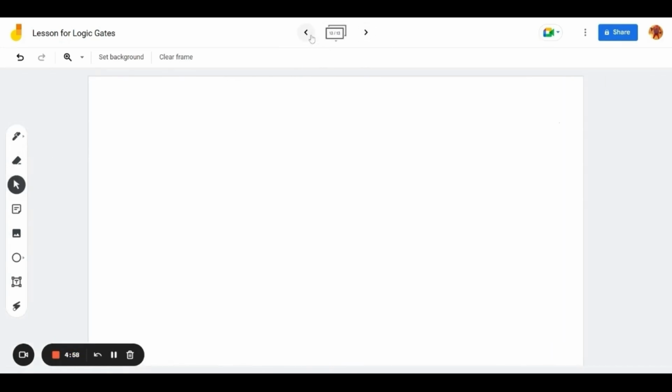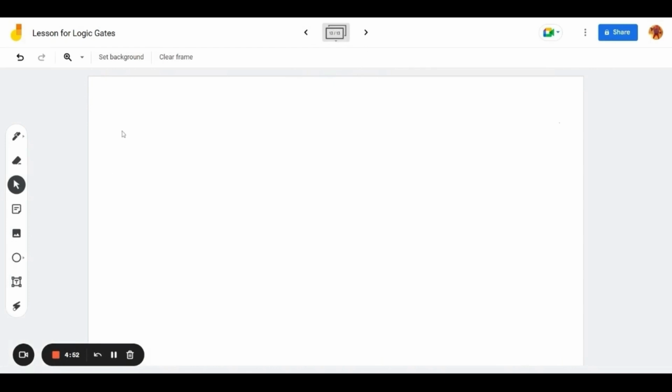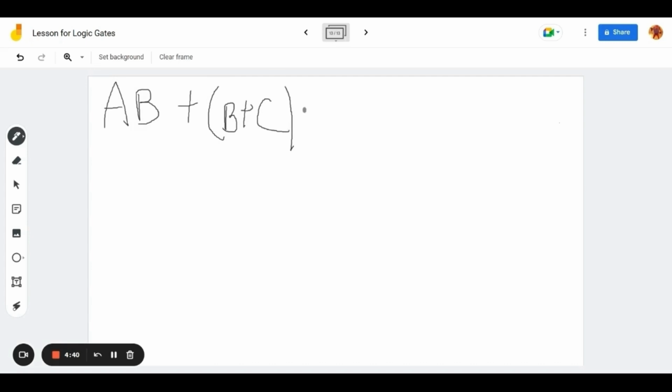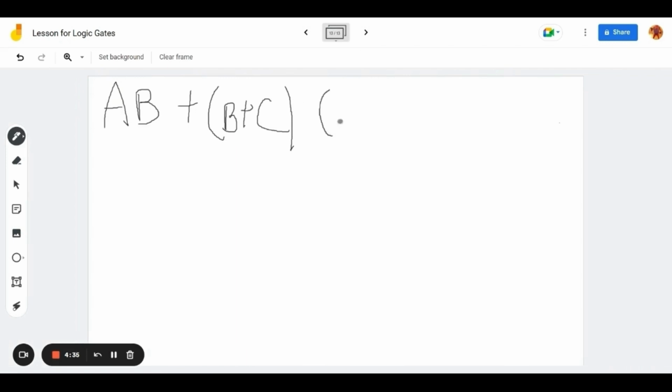So now we're adding the bracket B plus C, bracket BC, and the AB together. So it would look like AB plus bracket B plus C bracket BC.